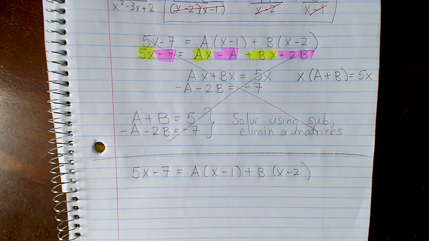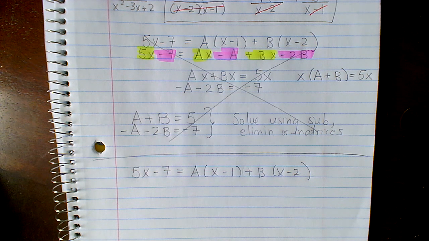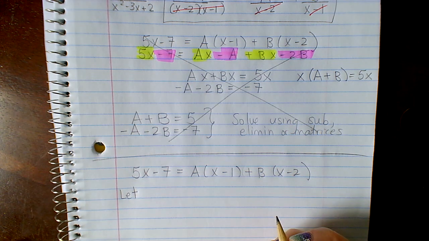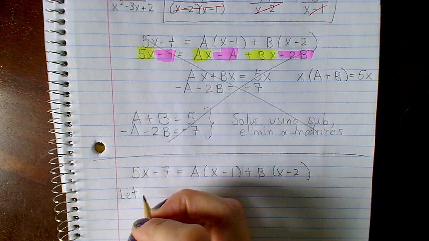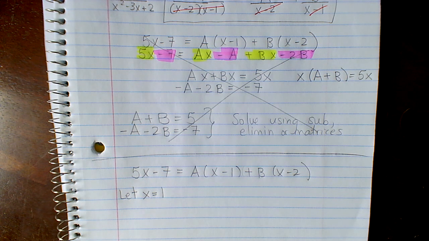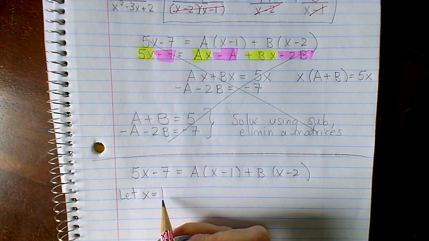It's called the Heaviside method, or the Heaviside cover-up method. I'm going to plug in a value for x. Let's pick 1. Now, I didn't just pull that out of thin air. I chose 1 for a very specific reason. If I plug in 1 for x, look at what I get.